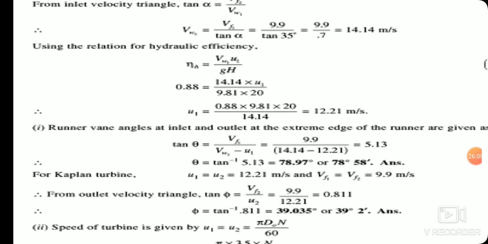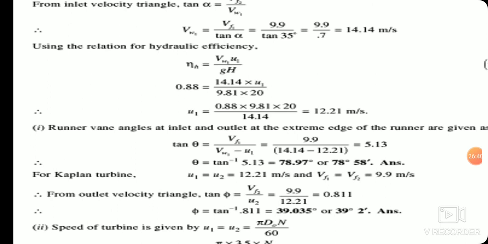Therefore tan phi is equal to Vf2 divided by U2, which is 9.9 divided by 12.21, equal to 0.811. Phi is equal to tan inverse of 0.811, which is 39.035, that is 39 degrees and 2 minutes.